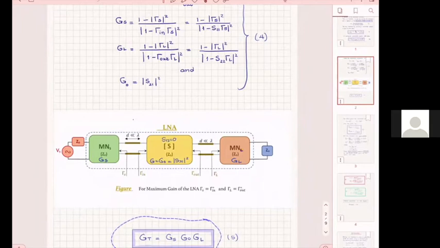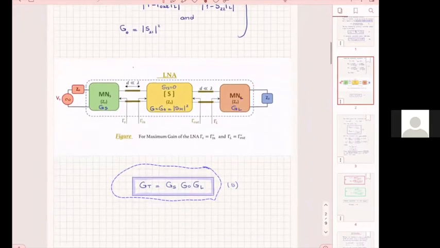Who will tell me what is the transducer gain? What is the definition for the transducer gain? Is it available power divided by delivered power for a simple match? Yeah, the inverse of that, but it's correct. And it's not necessarily a simple match.